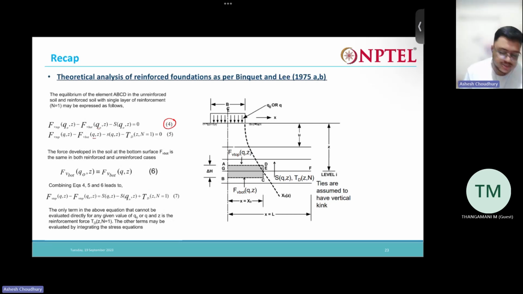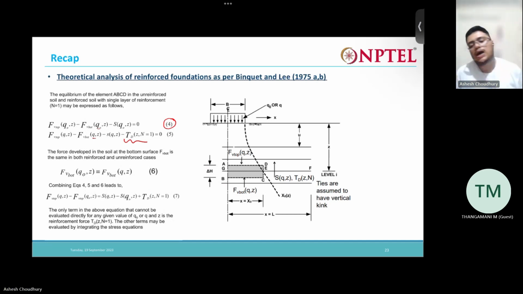That's why we are using the term Q naught here. Equation 5 represents the vertical force equilibrium when we are providing the reinforcement. So here you can see Q is written in place of Q naught, and one more extra term is coming, that is the reinforcement force.